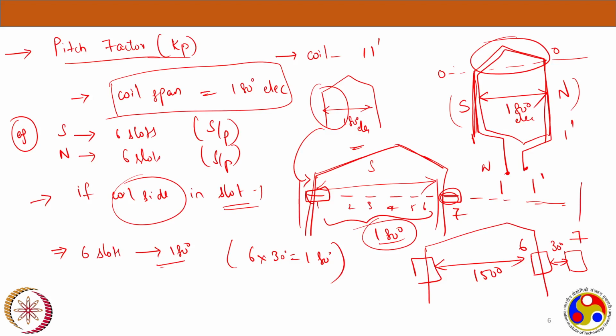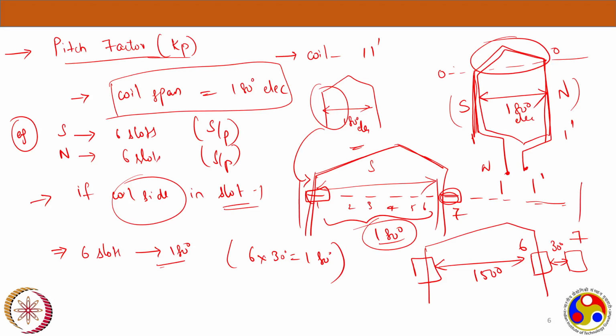By what factor will the voltage be less? If we try to find that factor, it is called the pitch factor. That's how we relate the pitch factor and distribution factor to the output voltages.